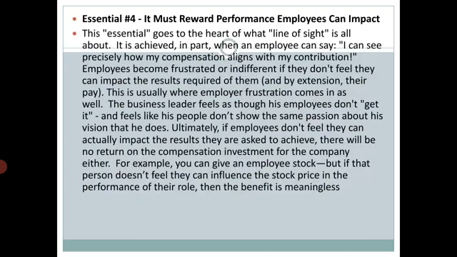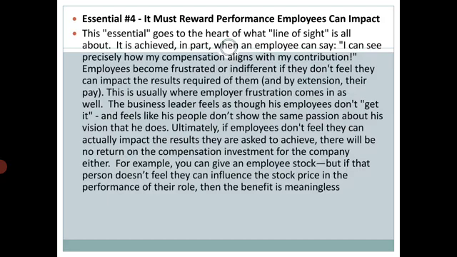Then the fourth essential is it must reward performance employees can impact. This essential goes to the heart of what line of sight is all about. It is achieved in part when an employee can say, I can see precisely how my compensation aligns with my contribution.